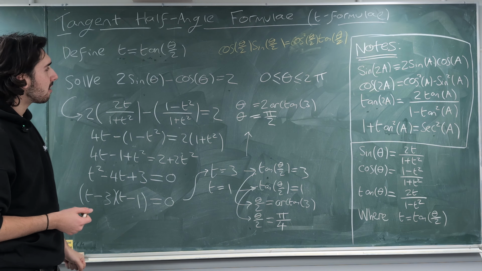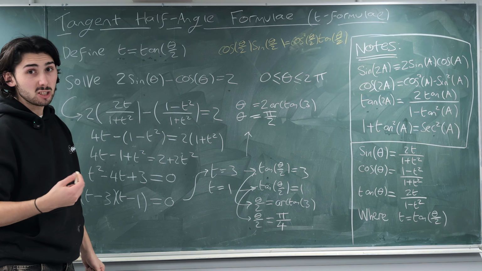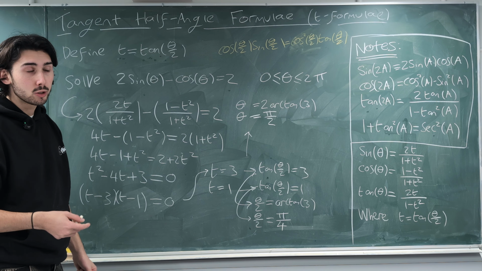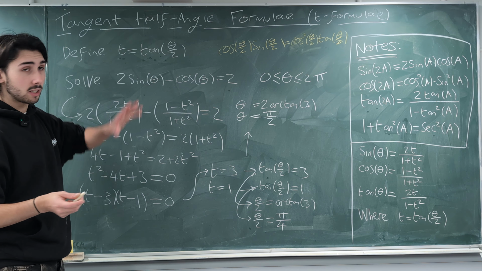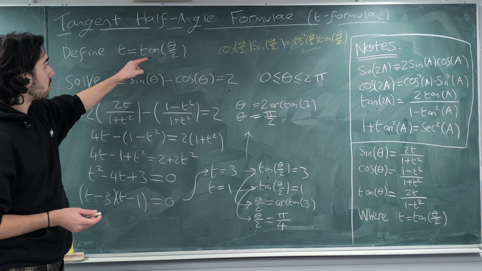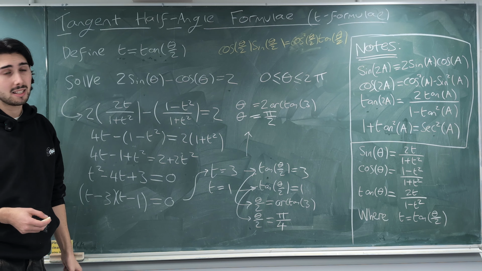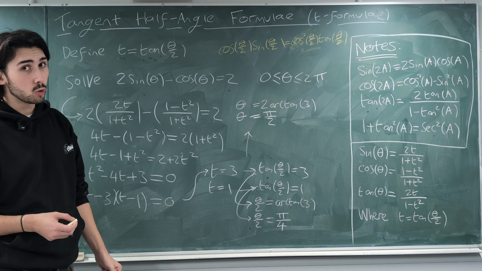Well, we know that tan of pi over 2 is undefined, and then any integer multiple of pi plus that. So pi over 2, 3 pi over 2, 5 pi over 2, etc. Because we're dividing by 2 already, if theta is an odd multiple of pi, then you won't get a value.